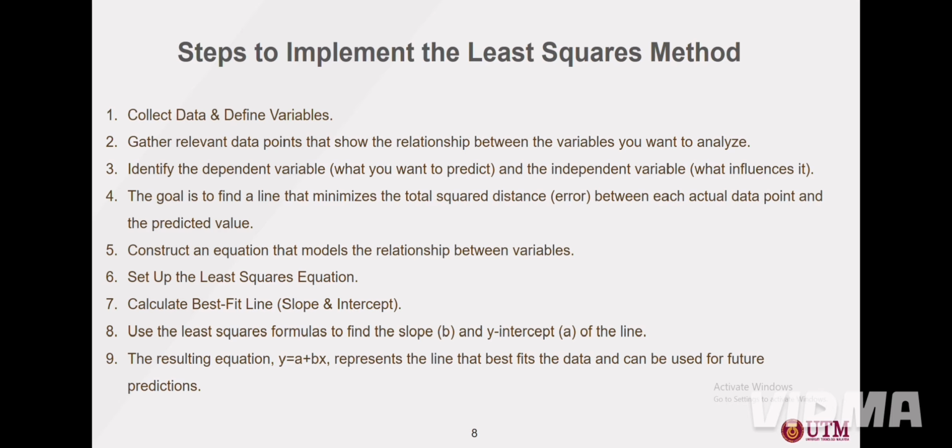Also, use the least squares formulas to find the slope b and the y-intercept a of the line. The resulting equation is defined by y equals a plus bx, representing the best fit line. The data can be used for future prediction.